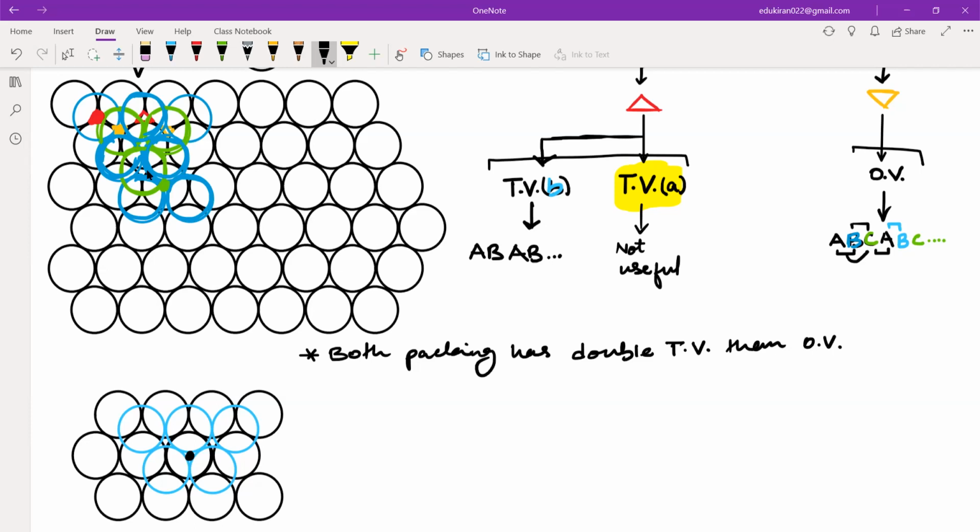Okay, so the tetrahedral voids are double the number of octahedral voids. So if octahedral void is equal to n, the tetrahedral void will be equal to 2n. Okay, and here n is equal to the number of atoms that make the packing.